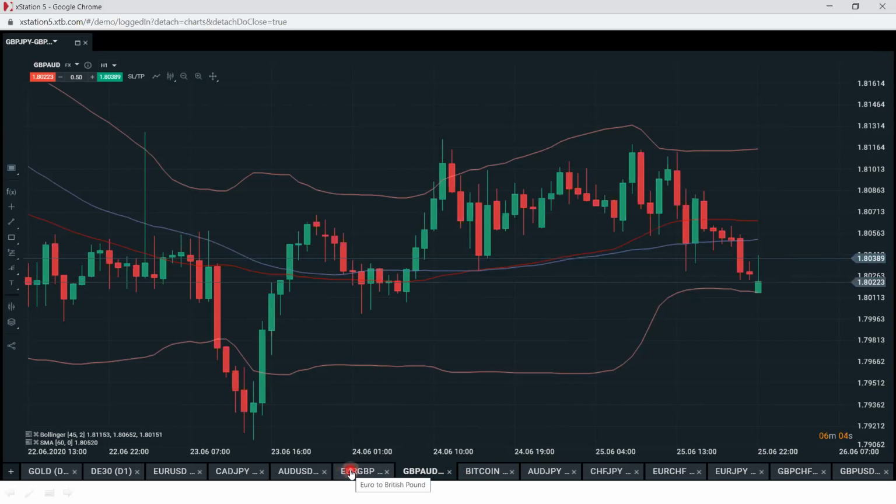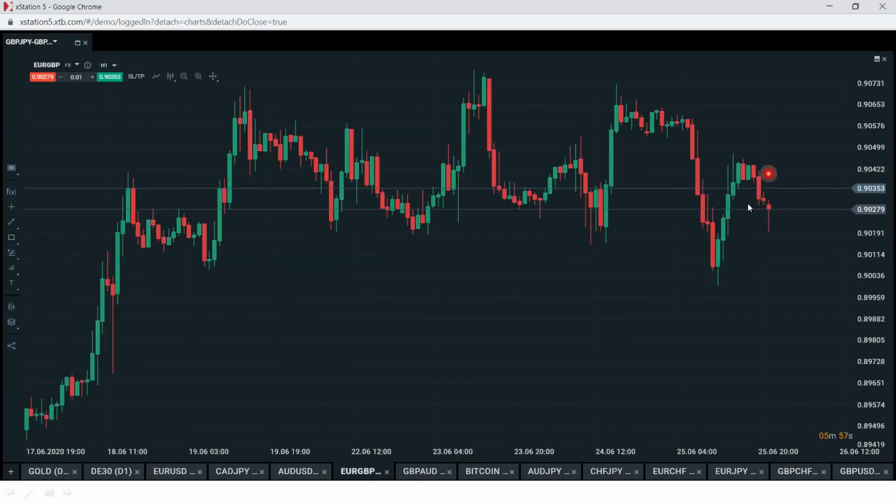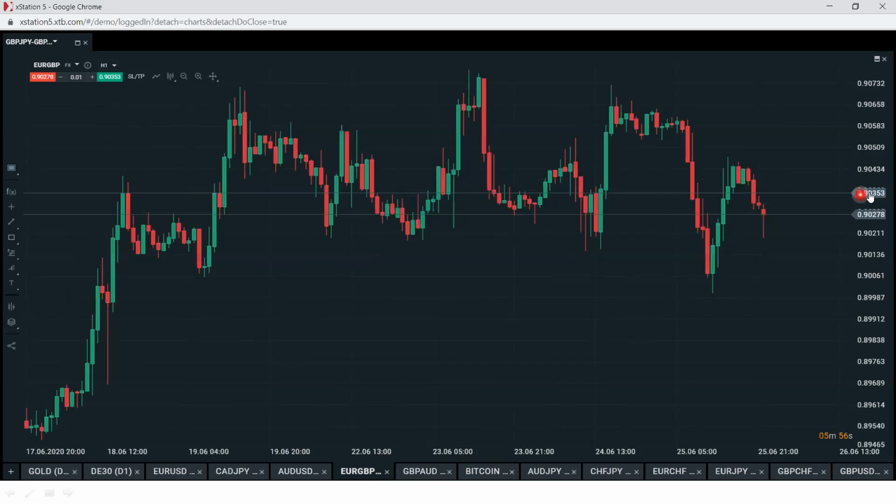And then if we compare that to Euro Pound here, it's not that obvious visually, but if we compare the decimal places, then the bid and ask for Euro GBP, you've got 9035 and 9028 essentially, which is a difference of only 0.0008 pretty much.